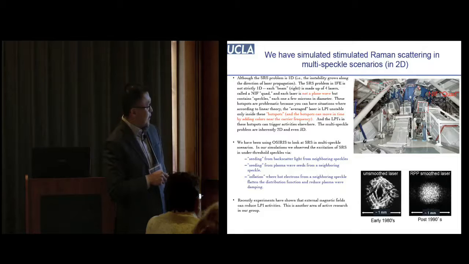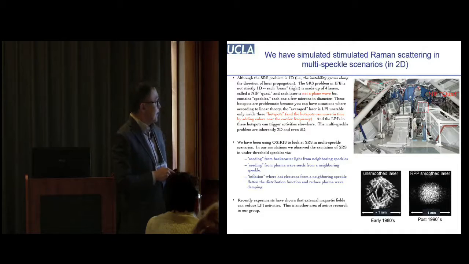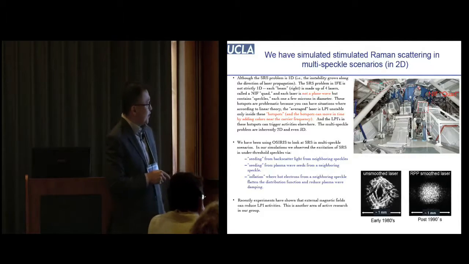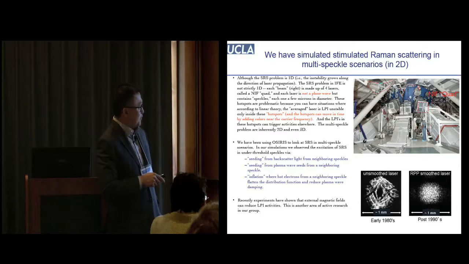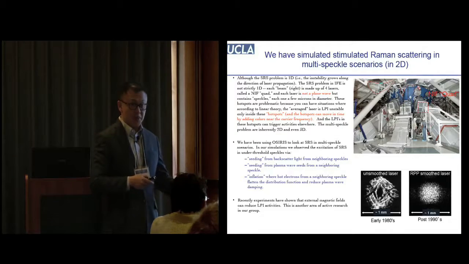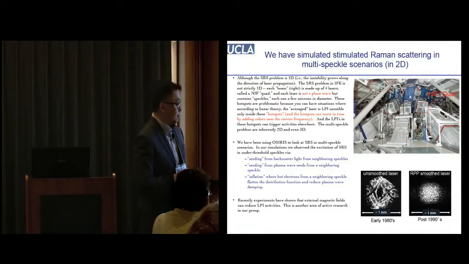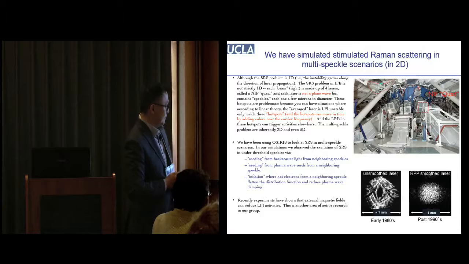The 3 main mechanisms are: one, seeding from backscatter light from one speckle to another; two, seeding a plasma wave from one speckle to another; and three, a process called inflation, where energetic electrons can move from one speckle to another, change the distribution function, reduce plasma wave damping, and promote growth of LPIs.